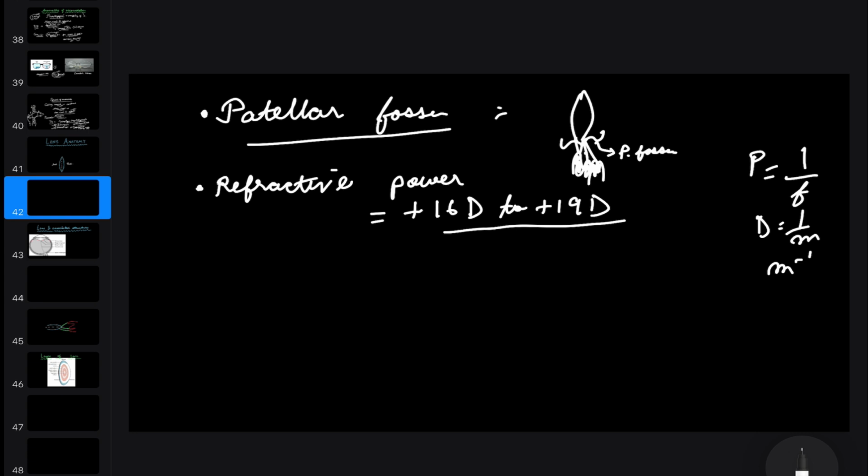Whereas if we remember correctly from our video on the cornea, we had said that the power of the cornea is approximately plus 43 diopters. So this means that the cornea is a much more contributing structure towards the convergence of light rays than the lens.